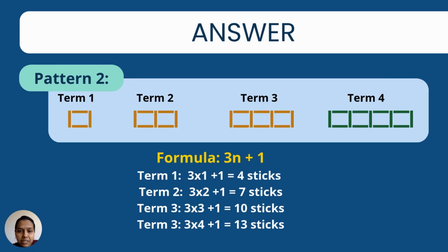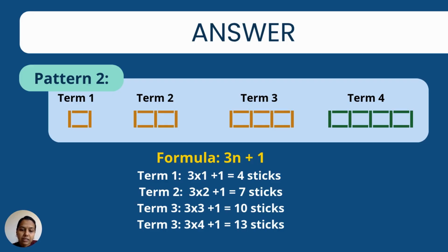So in pattern 2, we said it was a geometric pattern. This formula read as 3n plus 1. So if you had that, good job. Let's test it on each term. Term 1, we had 3 times 1, which is 3, plus 1 gives us 4 sticks. In term 2, we had 3 times 2, plus 1 gave us 7 sticks.